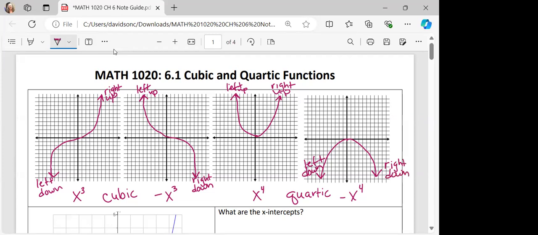So with a cubic, the third power, the ends go off in opposite directions, and for the quartic, the ends go in the same direction. So again, we're just going to be looking at the general shape for these.